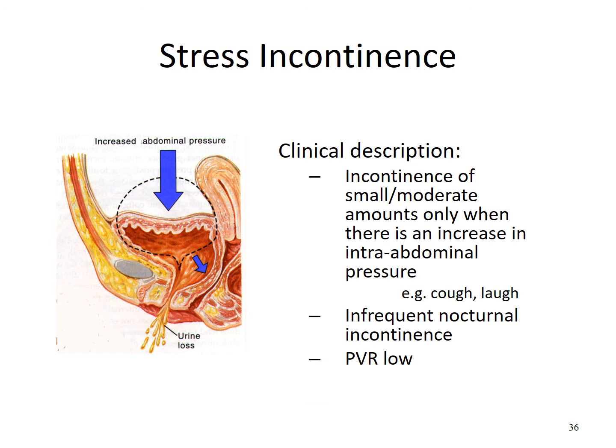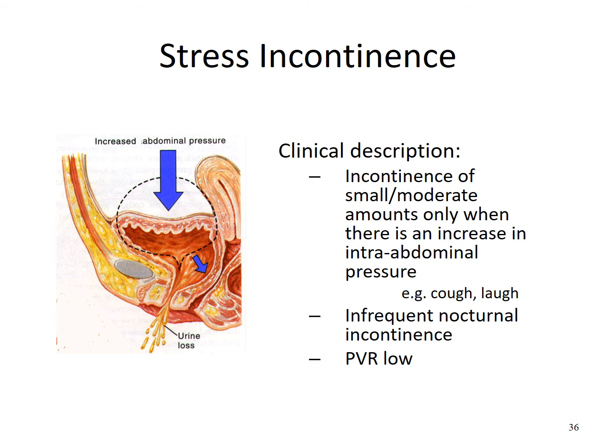The next type is stress incontinence. This is most common in women, but can also occur in men. This is where there's abdominal pressure to compress the bladder, and if the bladder neck is not very strong or supported, then urine is forced out. So this happens often in women after vaginal childbirth.